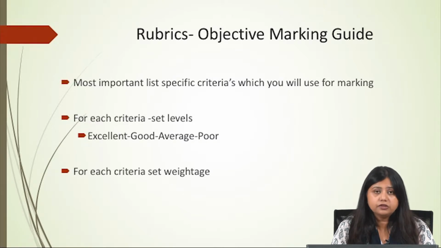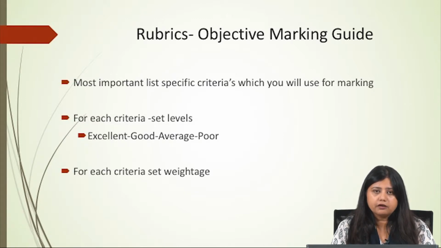And if you go less than 3 levels, then you're really dividing the class into just 2 broad categories, where it's either good or it's bad, and that doesn't help the students very much. So the first thing is laying down the criteria, then for each of these criteria setting different levels, and as I said, restrict it to either 3 levels or 5 levels.